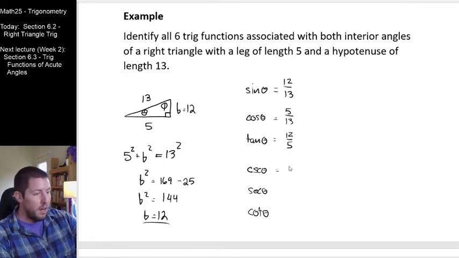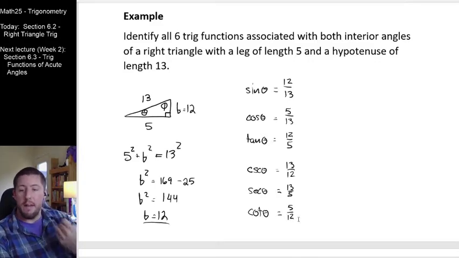So this one will be 13 over 12. Secant does not have a co, so it partners with the one that does have a co up top. So this will be 13 over 5, the reciprocal of this guy. And cotangent has the co, it partners with tangent without the co, and we're going to get our reciprocal there, 5 over 12. Right? So this is how we can identify all 6 of our trig functions just by looking at the ratio of side lengths.